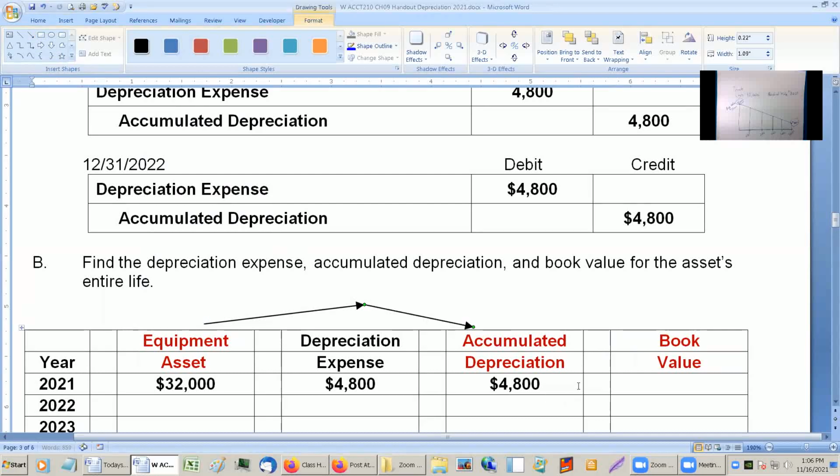So you're going to subtract the accumulated depreciation, and that will give you book value.